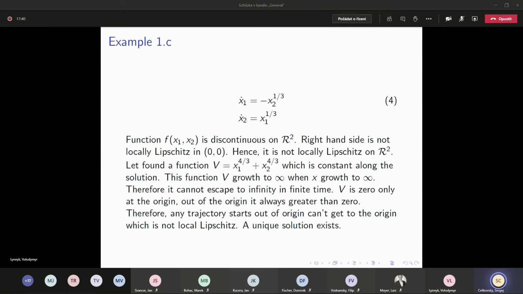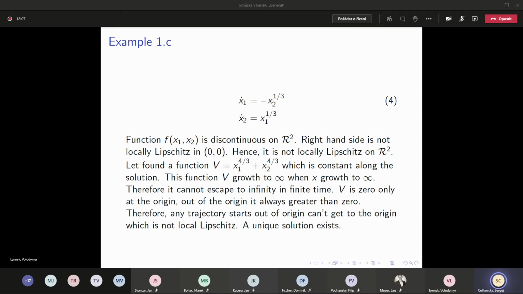And then it is a contradiction. Because the function is constant, a trajectory cannot escape to infinity, because if the trajectory escaped to infinity, then this function would also escape to infinity. And it is not possible because we see that it is constant along the solution. That excludes escape to infinity.